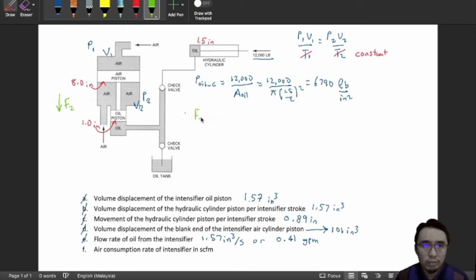So F2 is equal to the oil pressure, which will be the same everywhere, times the area. Remember that pressure is equal to force divided by area always. So then force is equal to pressure times the area of this oil piston.